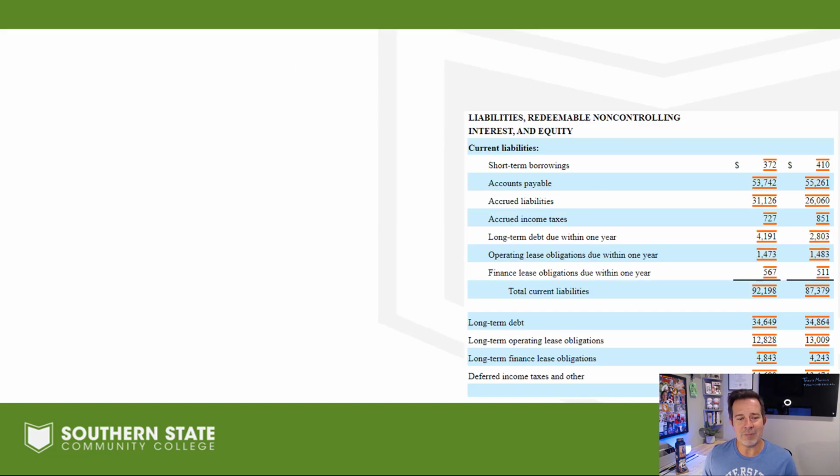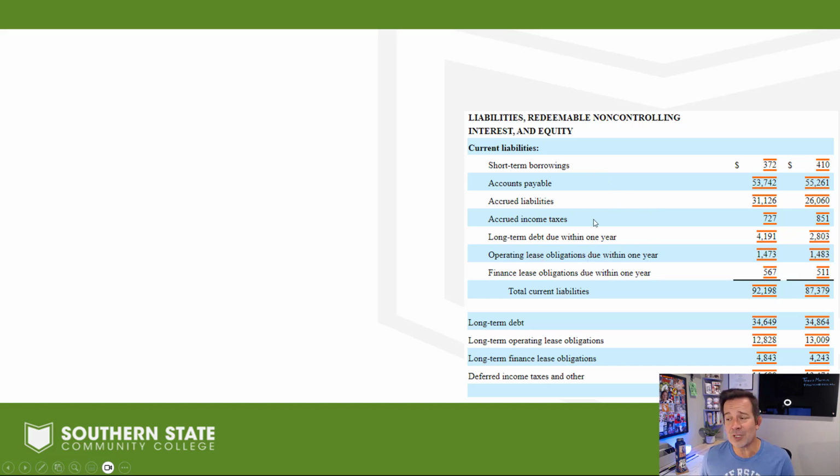So there is the other half of the balance sheet for Walmart, the liability side. You can see we have current liabilities. Current liabilities are liabilities that are due within a year: short-term borrowings, accounts payable, accrued income taxes, and you notice it says long-term debt due within a year, lease obligations due within a year.